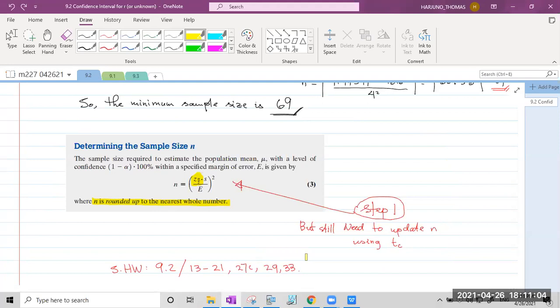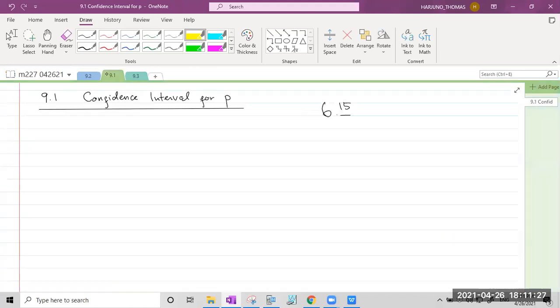My all tests will include normal distribution, central limit theorem, confidence interval for mu with sigma known, which is what we learned last Wednesday, minimum sample size, and then confidence interval for P, which I'm about to do right now, but I need a little break later. Even confidence interval for P depends heavily on the template we learned, the one that is not in our textbook.